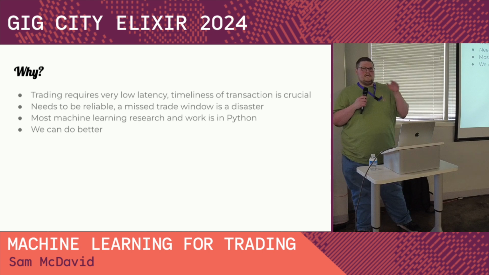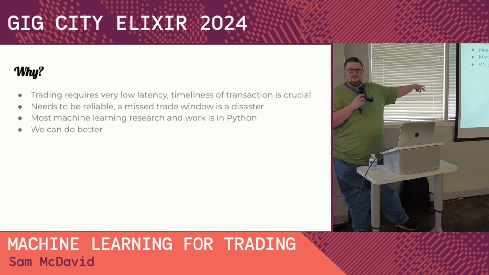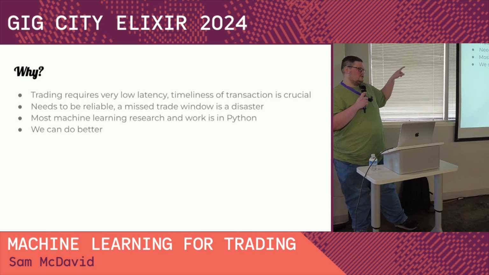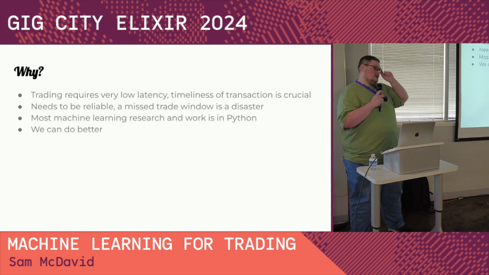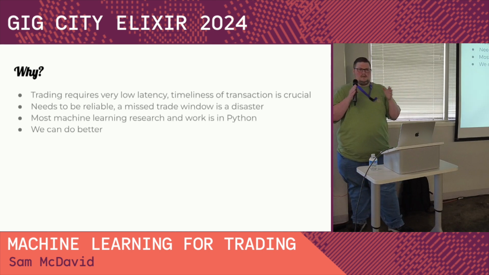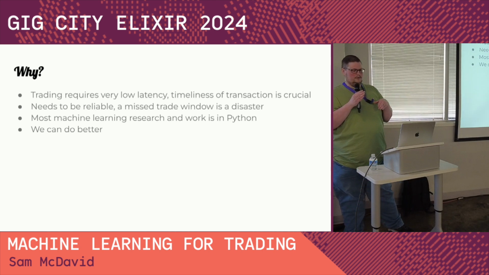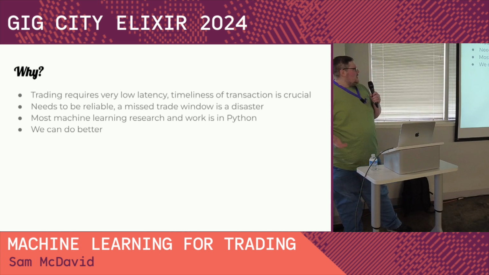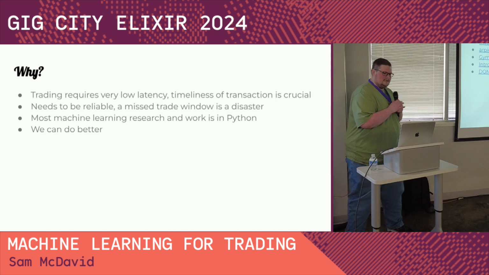Since these are gen servers, you could distribute these, because it's very important that these trades go through very quickly and that you make these decisions very quickly, because 1 second could be the difference between making thousands of dollars or losing thousands of dollars. So that part is very important. We can do better. All right, that's it. That's what I got.